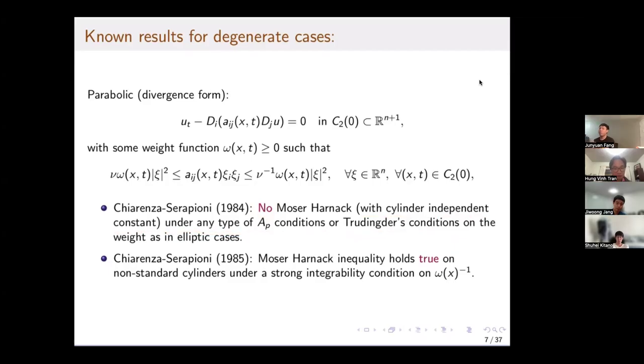They construct a couple examples, saying no Moser Harnack. Okay, and 1 year later, they claim the Moser Harnack holds true for some non-standard cylinder. So over here, no Harnack, Moser Harnack, that means their cylinder is with radius r, the height is r squared.